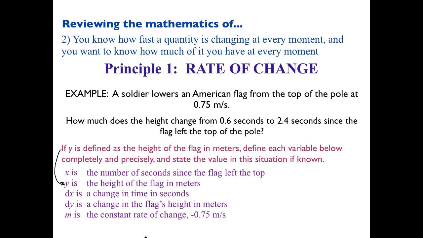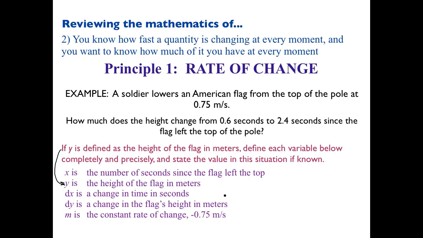Variables vary, right? So yes, it's taking on all the values starting at 0.6 seconds up to 2.4 seconds. Do we know the height of the flag? We don't know because we don't know what? The starting height. All right, so y is truly unknown.